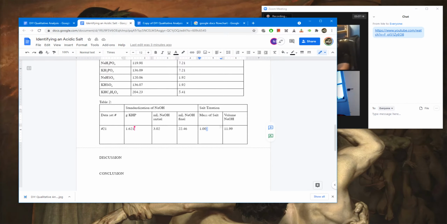Let's see, mass of salt, and standardizing it, procedure outline. So then this is like the calculations for part 1.